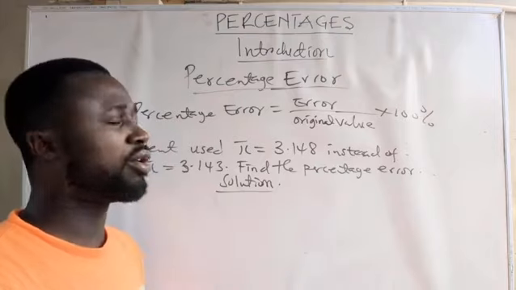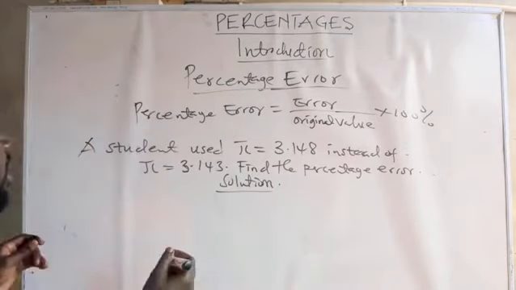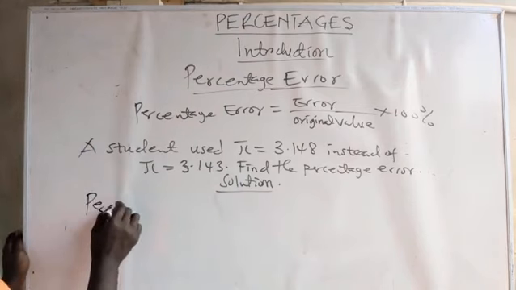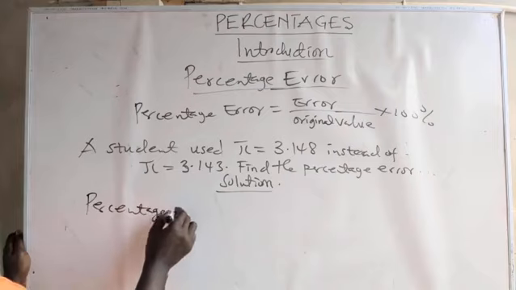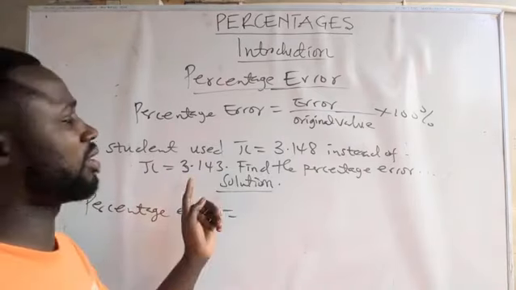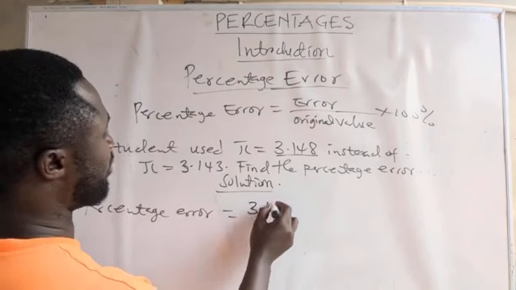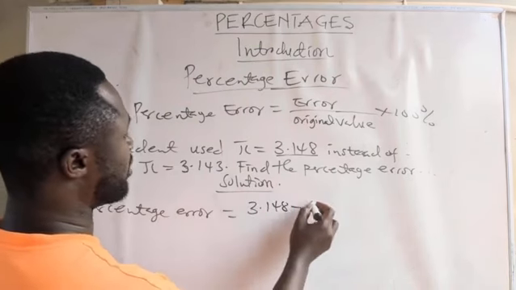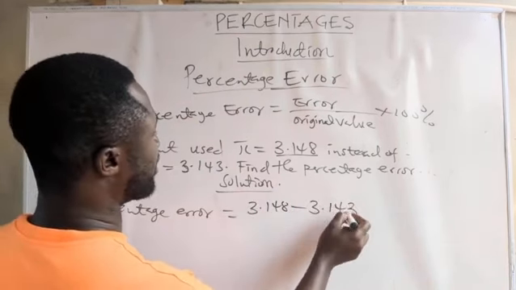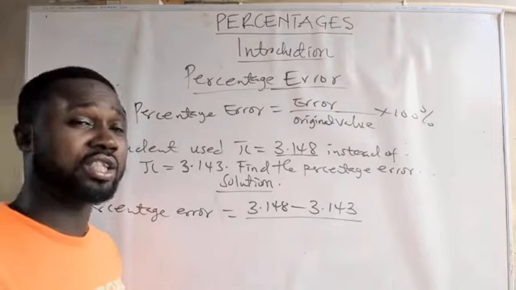So what was the error made? What was, in terms of percentage, the mistake that was made? Our percentage error is the error, which is the difference between the two values. Say this is the higher value, so 3.148 minus 3.143, all divided by the original, the actual value.